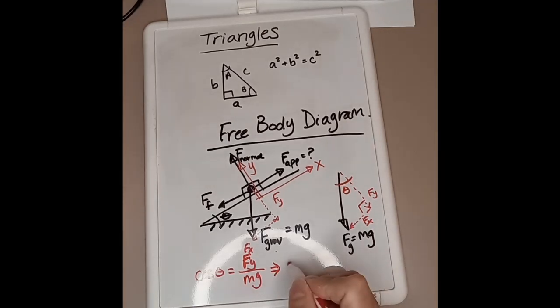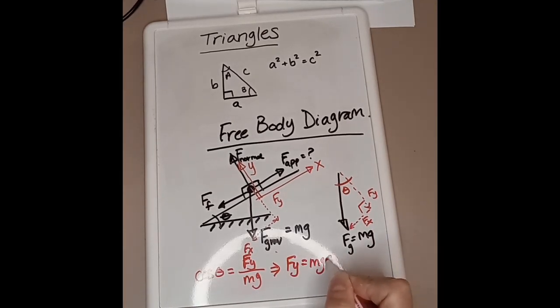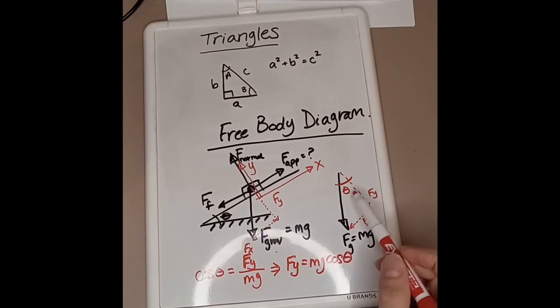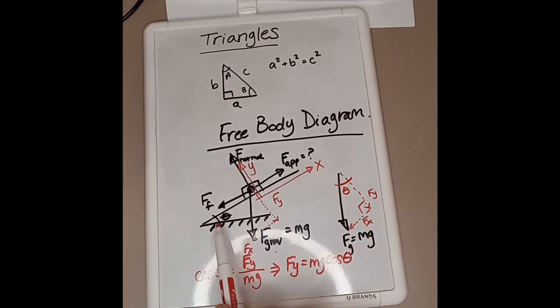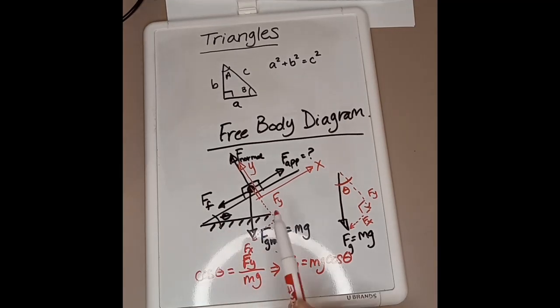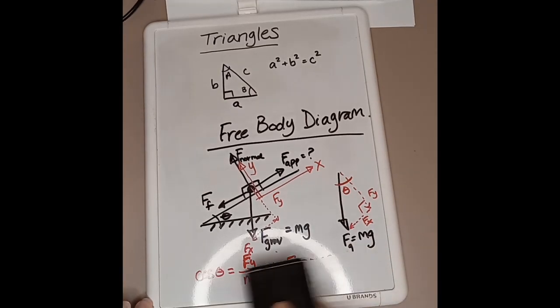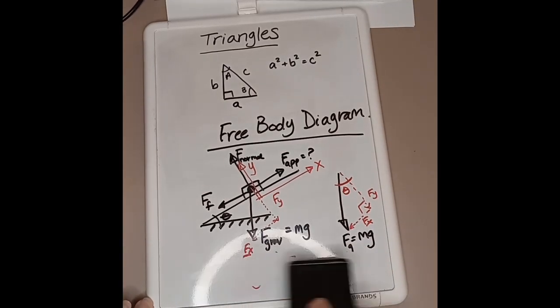So if we solve for Fy, we get mg times cosine theta, where the angle is the angle between the ground and our incline.